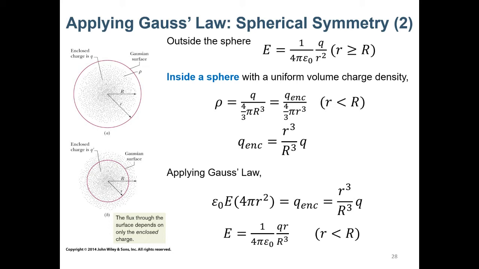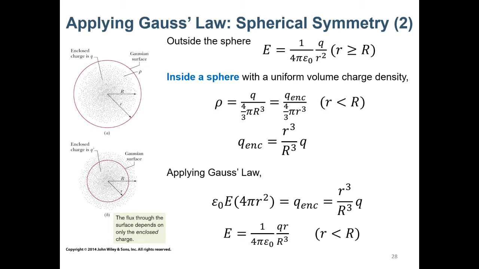So we substitute this expression here, and we find that r cubed can be partly cancelled with this term. So it turns out that this term remains the same, Q remains the same, but here we have small r over capital R cubed.